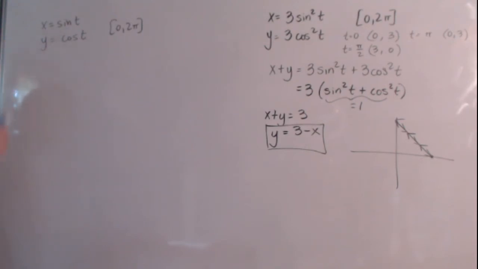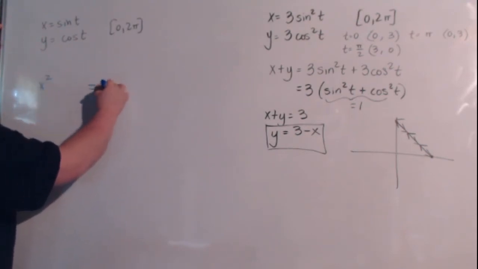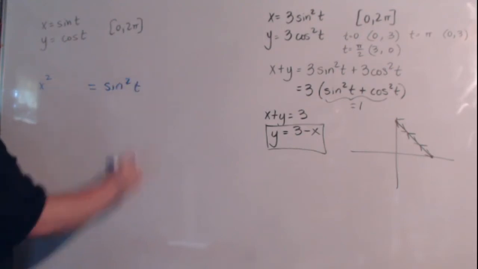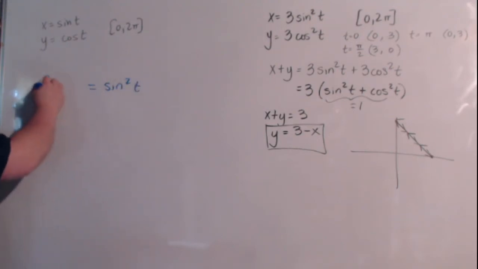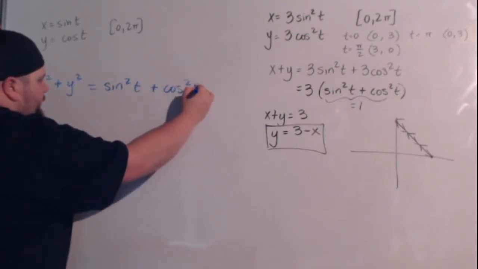So over there, we used the Pythagorean identity. So I think I need to do that again. But to do that, I have to square both of these. So x squared is going to be sine squared. And if I add that to y squared, that would be cosine squared.